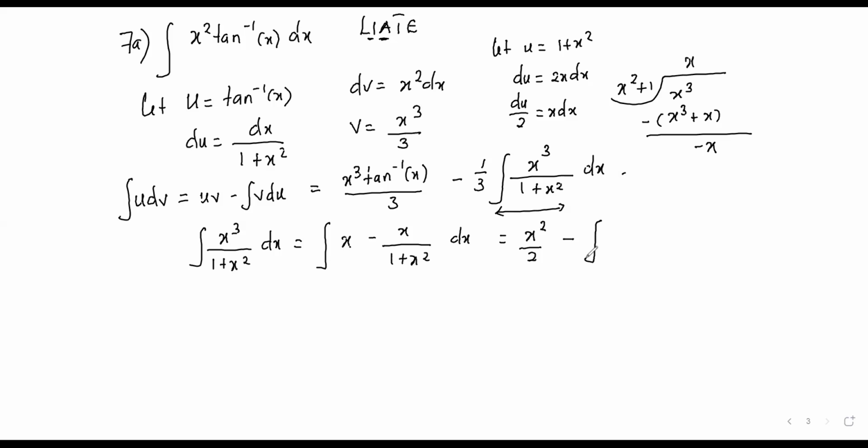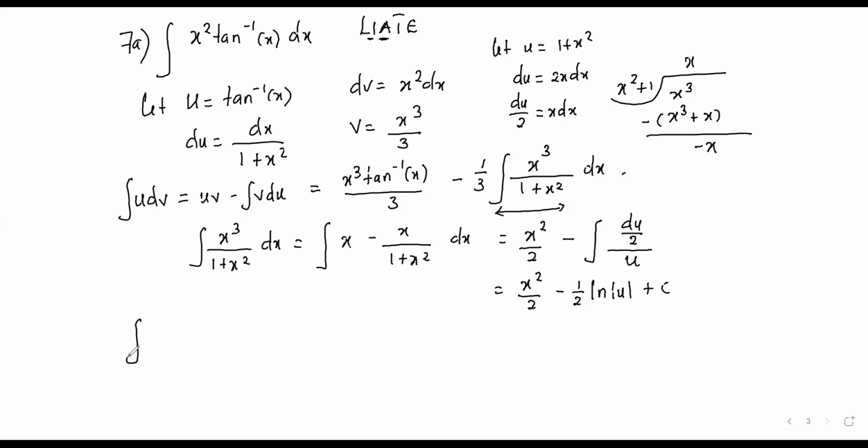That's going to be the integral of du over 2 over u. So this alone, we have x squared over 2 minus half of du over u, meaning I'm getting ln u plus c. Now I go back and substitute.